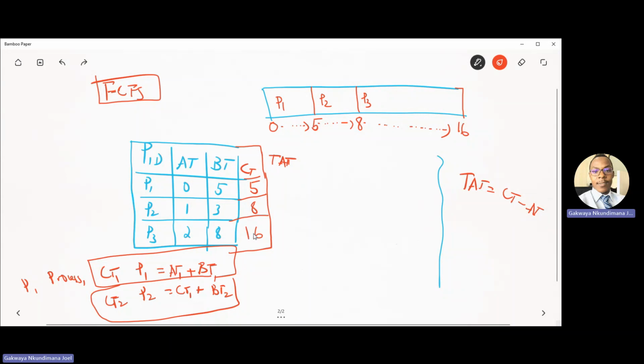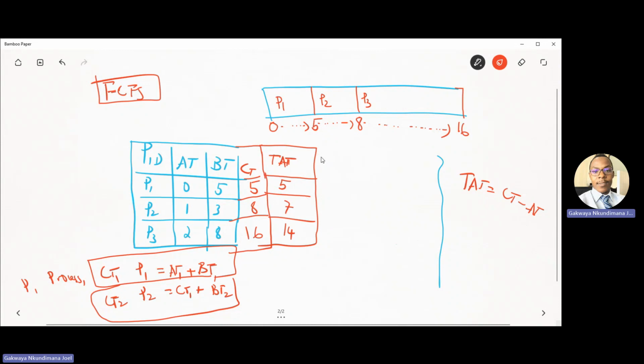Turnaround time, completion time 5 minus arrival time, so it's going to be 5. 8 minus 1, 7. 16 minus 2, what is the value? It is 14.